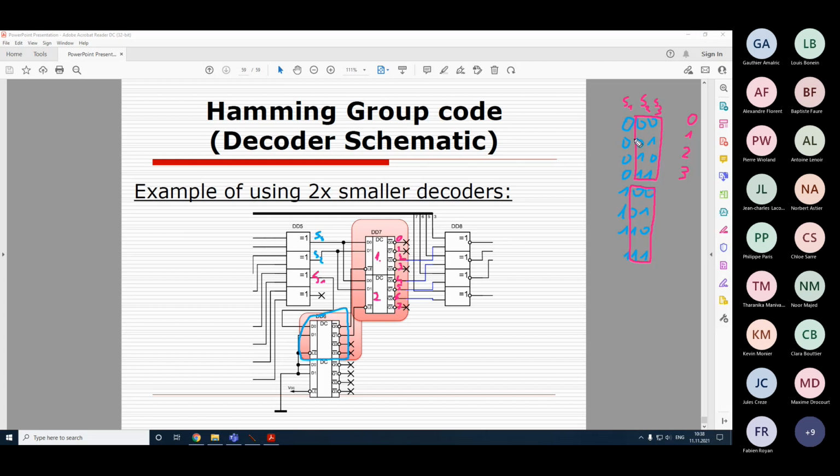If S1 is 1, then this enables the second one, and accordingly this will give us the 4, 5, 6, or 7th position. So the trick is to send this symbol. It's either 1 or 0. If it's 0, then it enables this decoder. If it's 1, that enables this decoder.